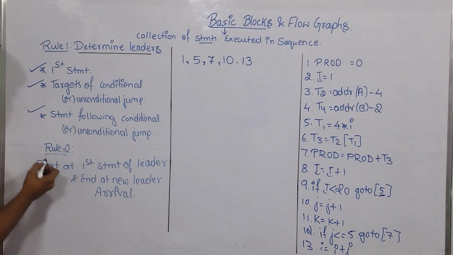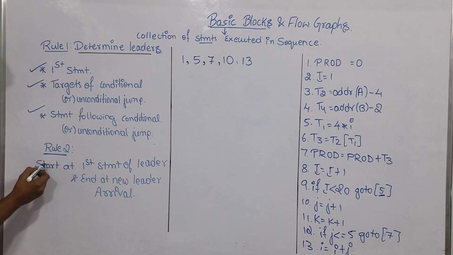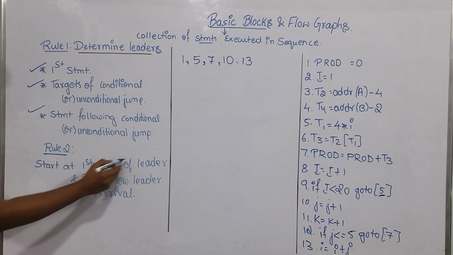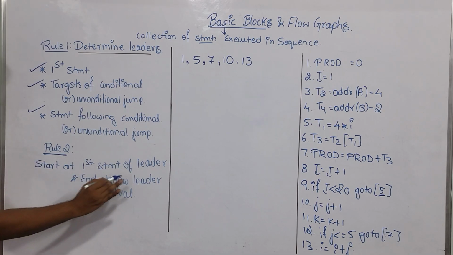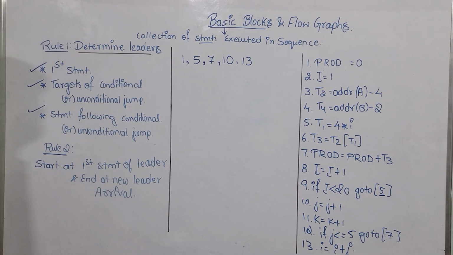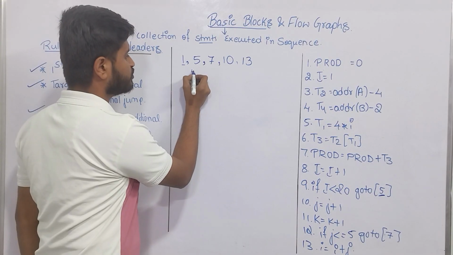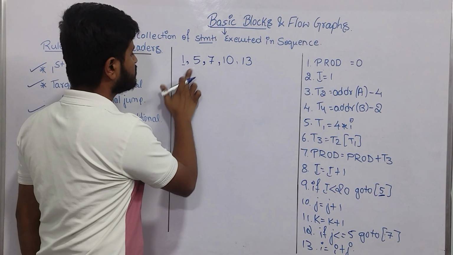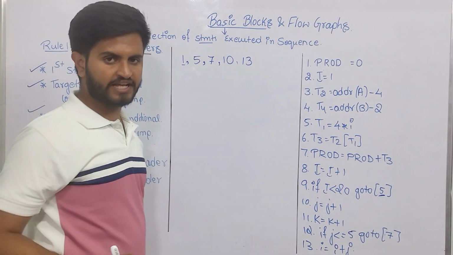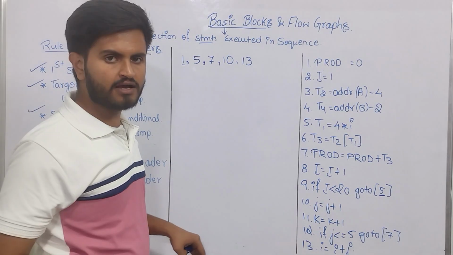The second step, using rule number 2, is to start at the first statement of the leader and end at the new leader's arrival. So you must start from 1 and write up to 4. After 4 you have a new leader arrival, so you will start a new block.